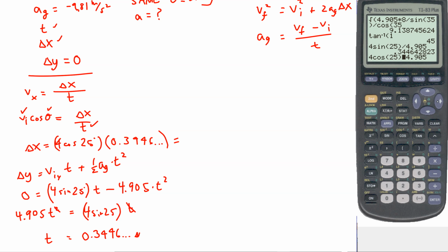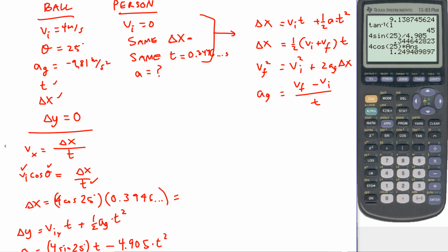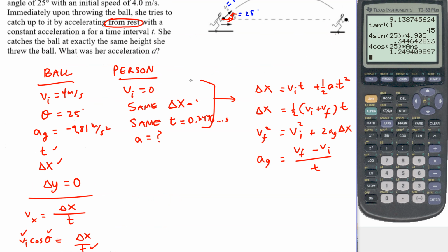I don't know if this actually saves me any time. Second answer. Delete, delete, delete, delete. 1.249 meters. And I could put that down here. Probably would be good of me to say 1.249.